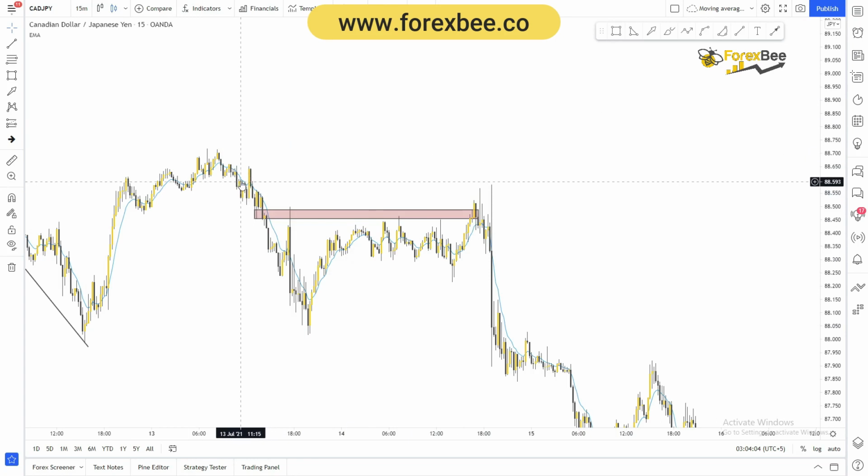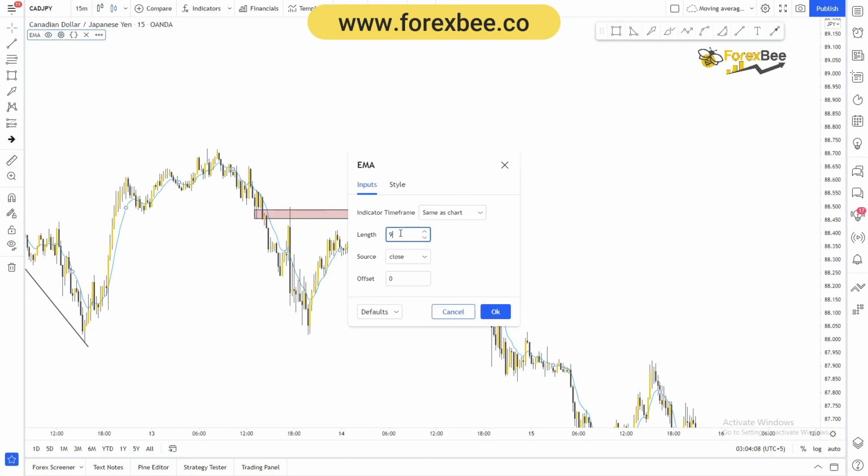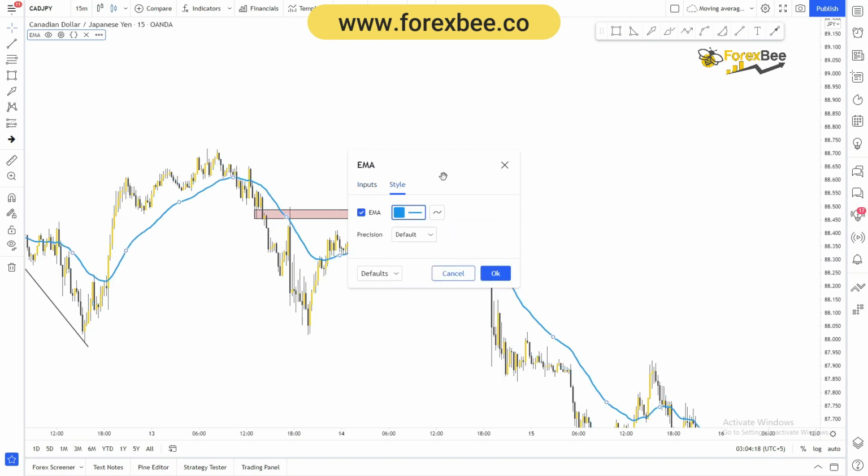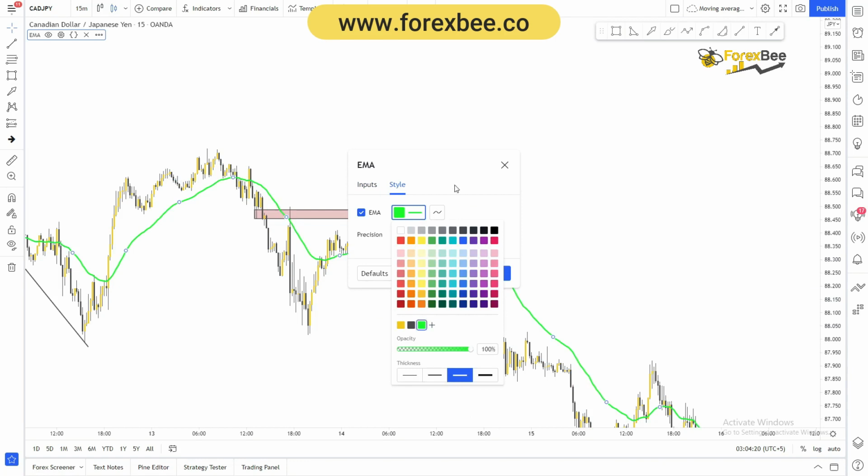So here is the exponential moving average indicator, and let me just change this to 38, and let me just change the style and color. So let me just change this to green.